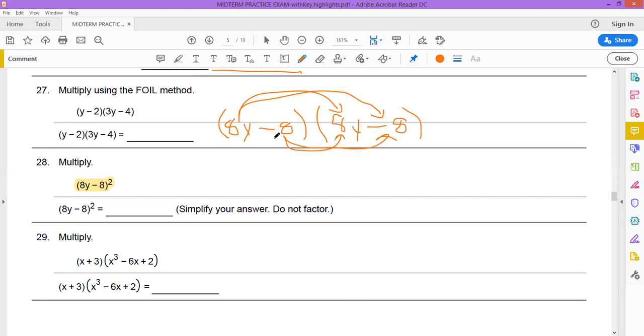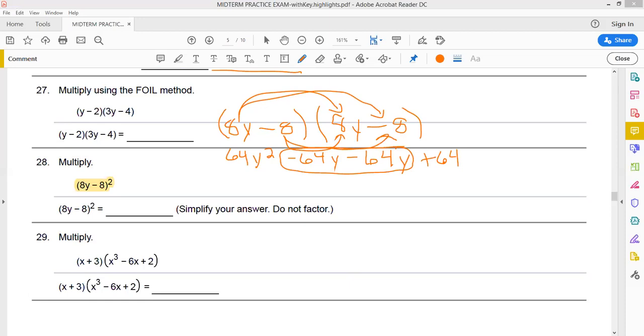So 8y times 8y gives us 64y to the second power. 8y times the minus 8 gives us negative 64y. Negative 8y times 8y, these terms in the center, gives us another negative 64y. So then lastly, negative 8 times negative 8 will give us a positive 64. Now we're combining the terms that are alike, and we notice that it's really just these two middle terms that are alike, the 64s.